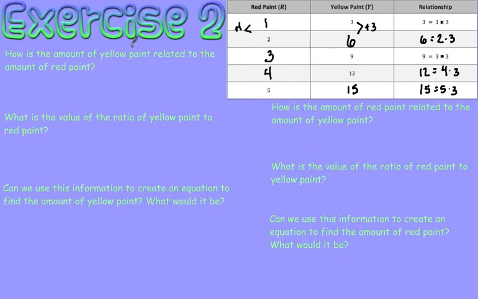Okay, so looking here, how is the amount of yellow paint related to the amount of red paint? Well, we already said that we have to take the red paint and multiply it by 3 because the yellow is 3 times the amount of red.